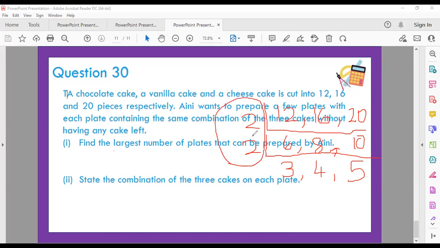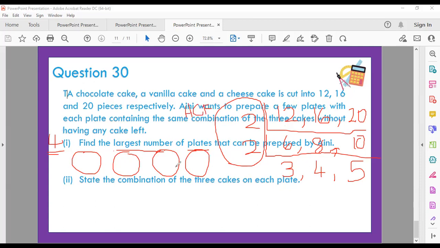Now, what does it mean? It means that the largest number of plates that I can serve without having any remainder of cakes left will be 4. 2 times 2 is 4. So you will have 4 plates. Do you understand? That's what you find with the highest common factor.